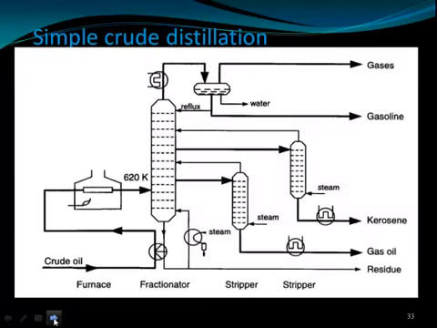Then the simple crude distillation diagram shows how the crude is distilled into various fractions. Crude oil is desalted, then heated and sent to the fractionating tower. The kerosene, the gas oil and the residue we can separate out at different boiling ranges, so they are taken off as various streams.